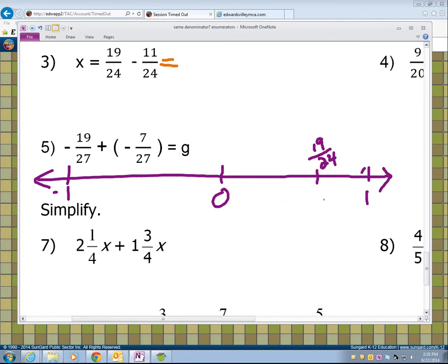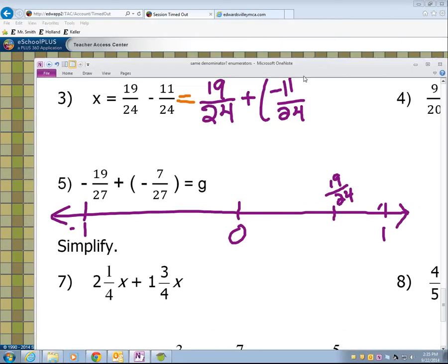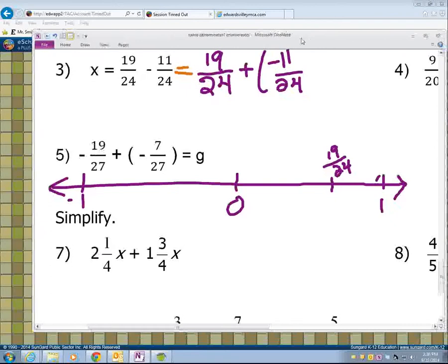When I am taking away 11/24, since I am removing it, I could look at it by the additive inverse from the chapter 2, plus -11/24. Oh boy. So that's how that would go. That would mean I'm going this direction, -11/24.